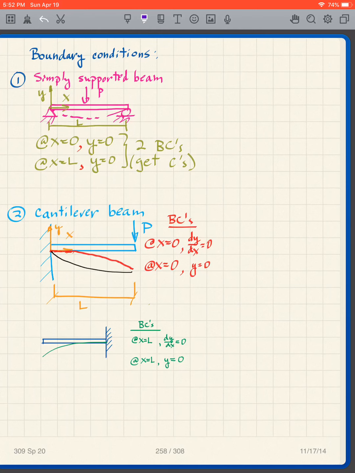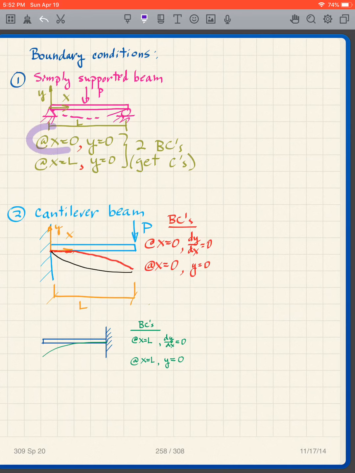It's very straightforward. We just looked at the simply supported beam. If we have a load that deforms the beam like that, then what do we see? We always have our coordinate system the way we've always done it, which is x at the far left and then y going upward. And what do we see?